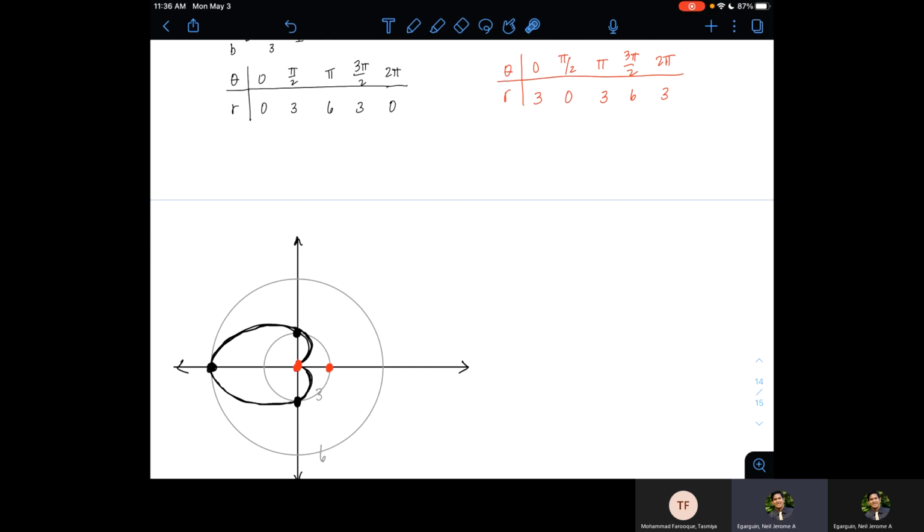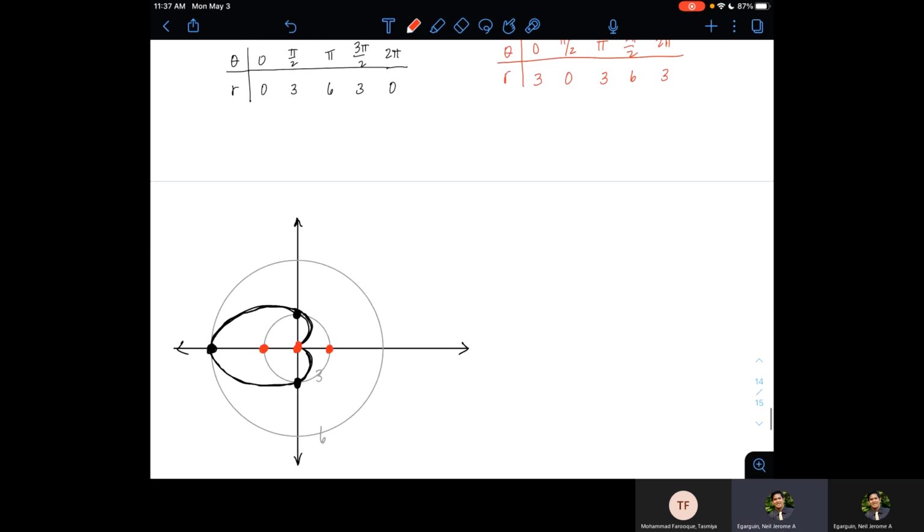When theta is pi, we'll be at 3, so we'll be there. When theta is 3 pi over 2, R is 6, so I'll draw that here. And then at 2 pi, we'll be back at 3. So the graph will look like this. It should be a more rounded graph.